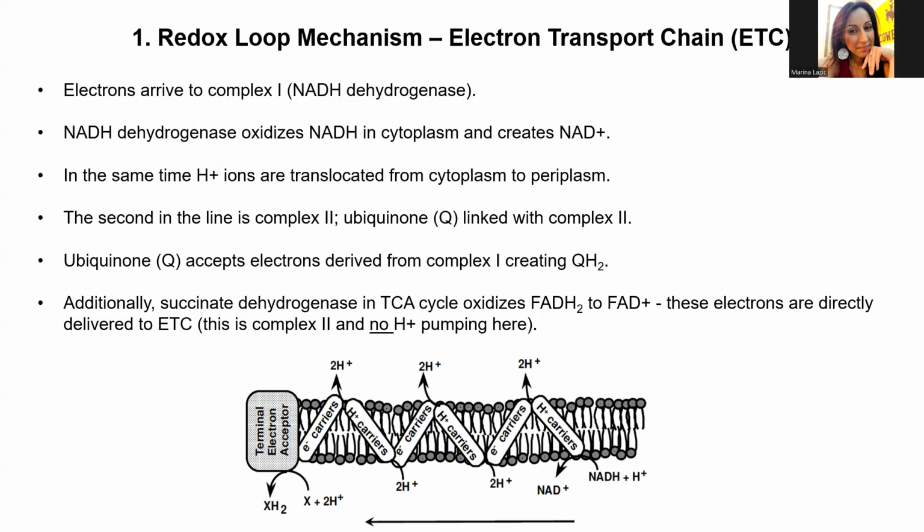The enzyme from the TCA cycle, succinate dehydrogenase, as the name says, is oxidizing and reducing something. In the process of succinate dehydrogenase, FADH is oxidized, releases electrons, and becomes FAD+, and those electrons will be delivered to quinol, to complex 2.